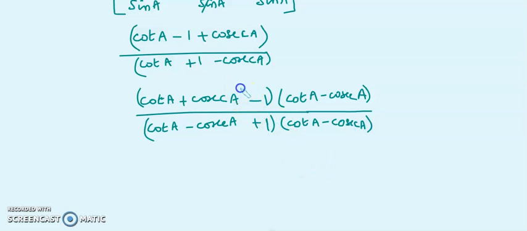Now in the numerator, I am making this as a pair. What is a pair here? I'm going to make cot A plus cosec A as one pair and minus 1 separate.